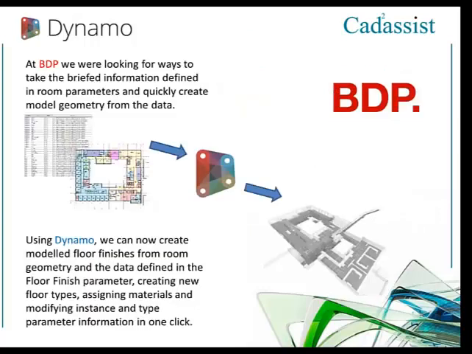Thirdly, BDP. Now, BDP are terrifically excited about Dynamo, and they're implementing it across their business. They've come up with a number of examples here. The first is basically using Dynamo in effect as a property painter, to put it in very simple terms, being able to create modeled floor finishes from room geometry, and then define that data in the floor finish parameter, creating new floor types and assigning materials and modifying instances and type parameter information all in a single click.